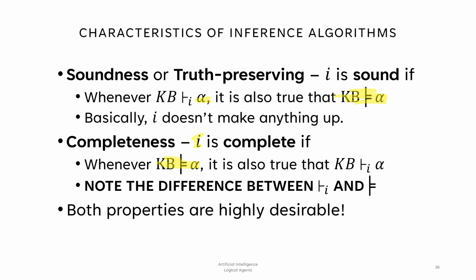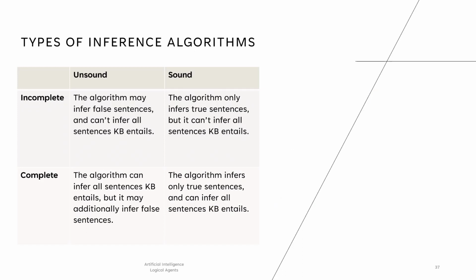So if the knowledge base entails a sentence, the inference algorithm can always derive it; it is not going to miss any sentences. Both properties are very highly desirable. We don't want our inference algorithm to be messing up, and we also don't want it to be getting an incomplete look at all the observations we can make from a knowledge base. There's a chart here. Basically, we have a really bad algorithm that can't infer everything it entails and may infer false sentences, and then the best case is where our algorithm is both complete and sound.